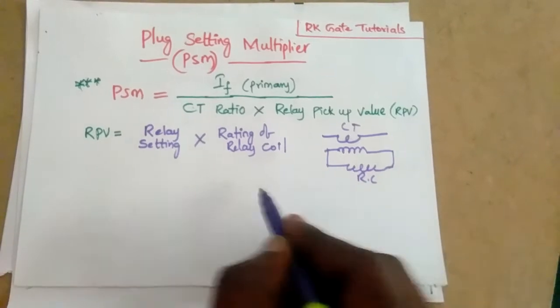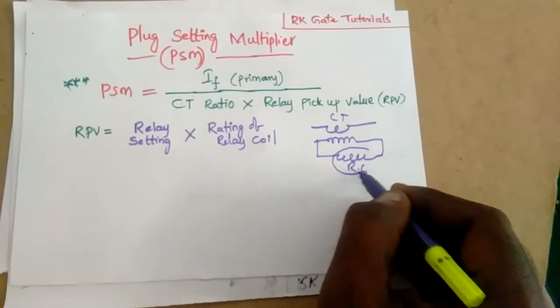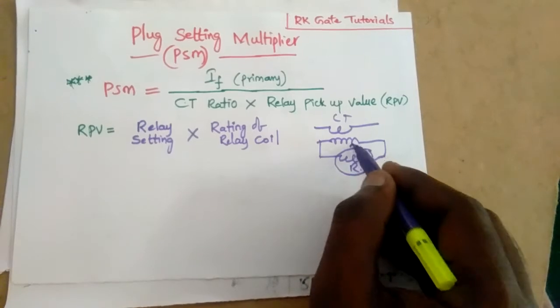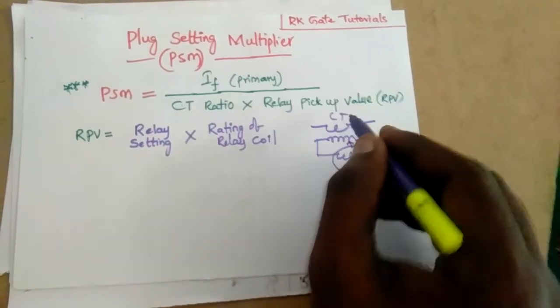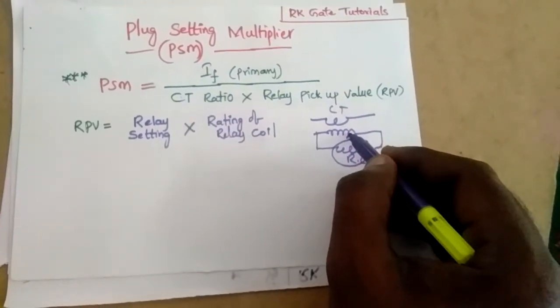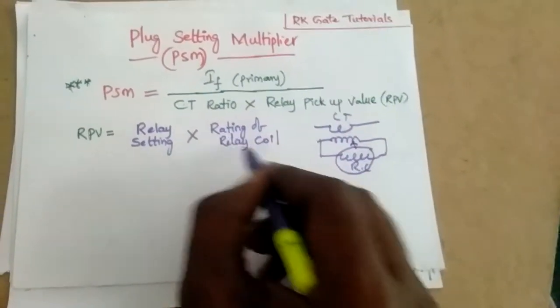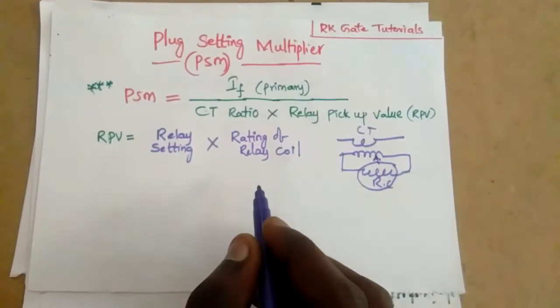So if it is not given, simply we can take the secondary, as the same current flows through the relay coil. The CT ratio will already be given, so from that, the secondary of the CT can be taken as the rating of the relay coil. So this is the importance of the plug setting multiplier.